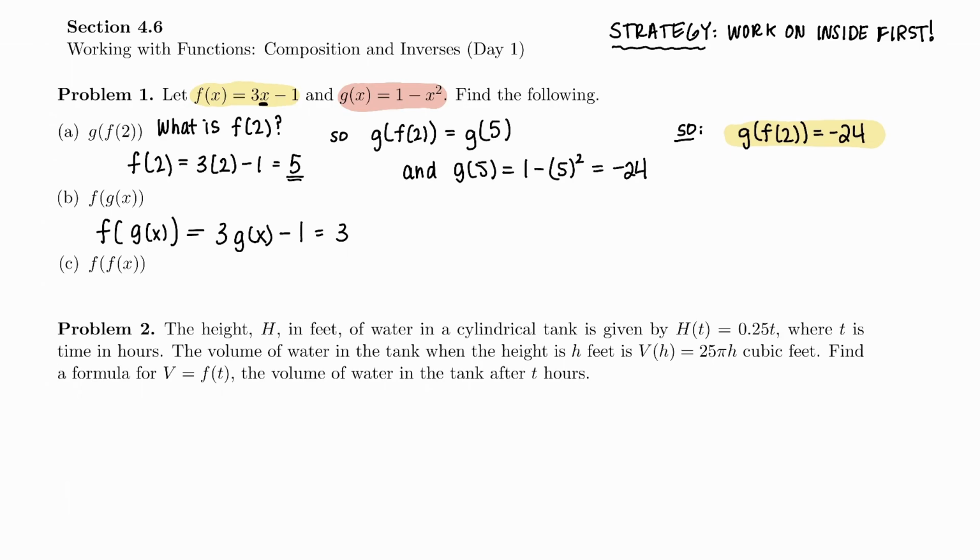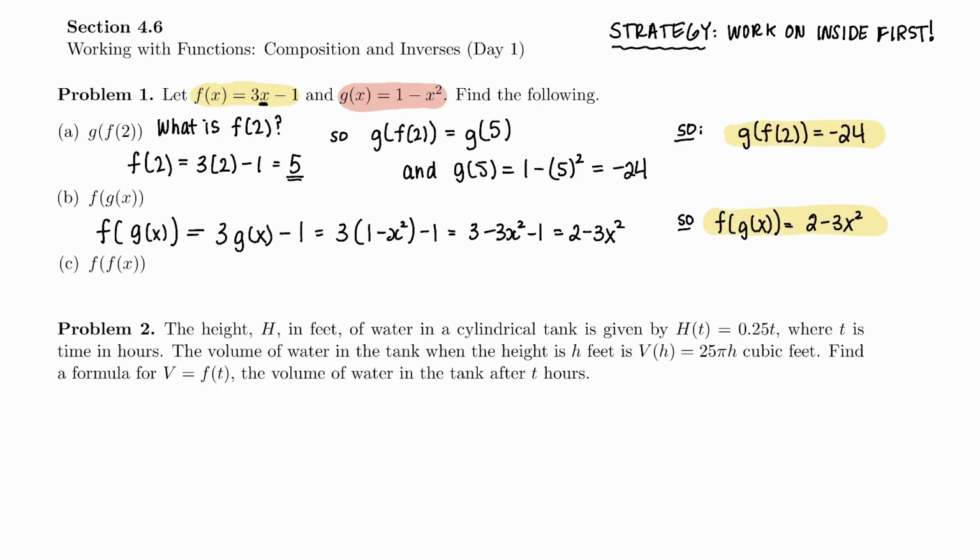So this is going to be equal to 3 times 1 minus x squared minus 1. If I distribute this 3, I get 3 minus 3x squared minus 1. So that's 2 minus 3x squared. So f of g of x is going to be equal to 2 minus 3x squared.